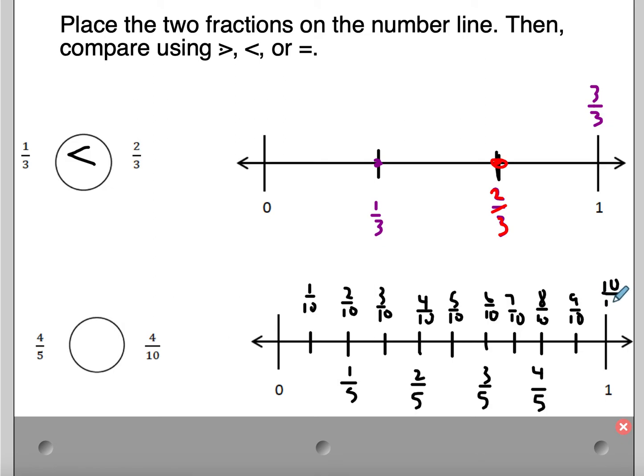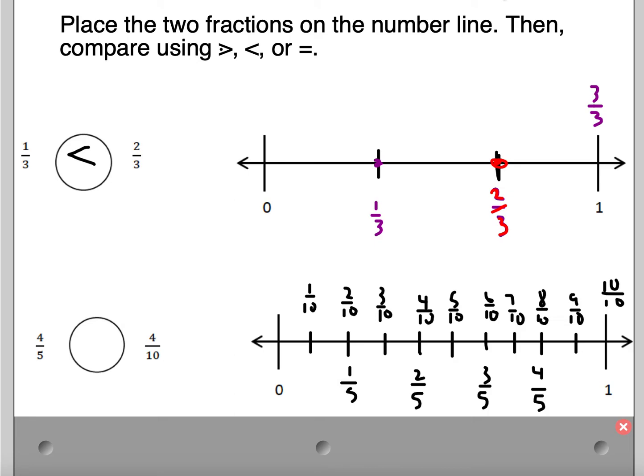So notice I did my tenths on top and my fifths on the bottom, so I can separate the two and make it easier to know which is which and where it goes. Also, I noticed that every 2/10 equals a fifth. 2/10 is 1/5, 4/10 is 2/5, 6/10 is 3/5, 8/10 is 4/5, and 10/10 is 5/5 or 1 whole.